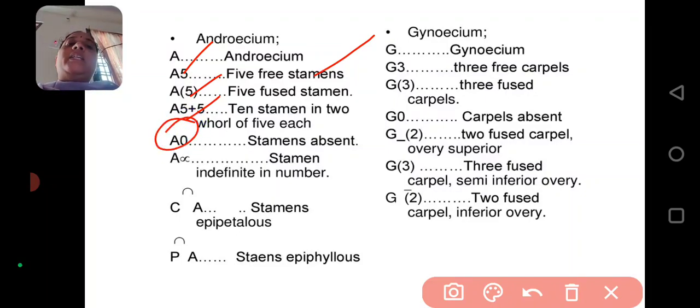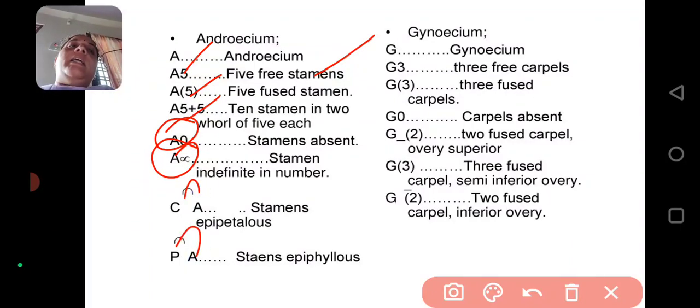Stamens absent, A0. Stamens indefinite in number, A infinity. Stamens epipetalous like this, stamens epiphyllous like this.